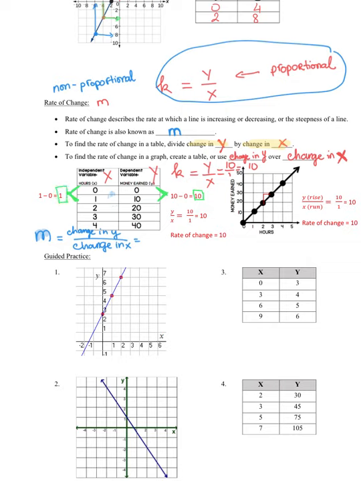So we have 10 over 1 right here, which is 10. So the rate of change is 10. Okay. And again, we can use change in y over change in x for non-proportional.